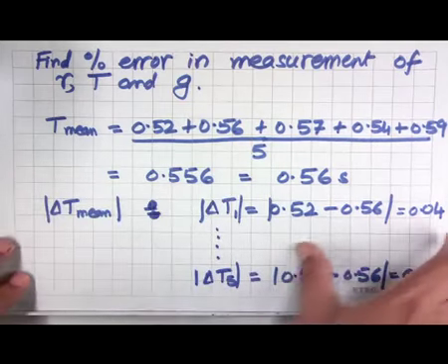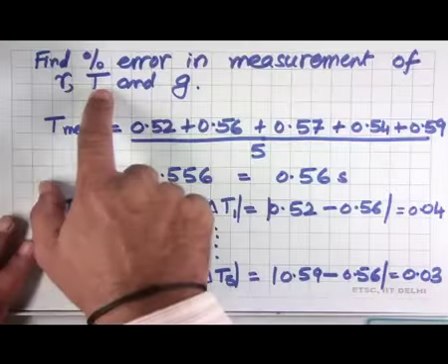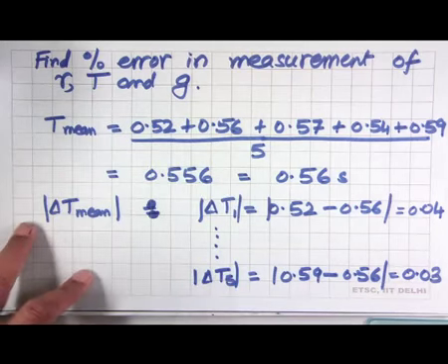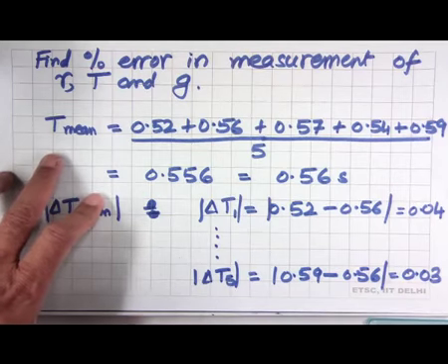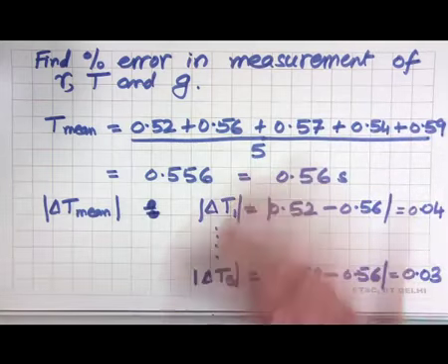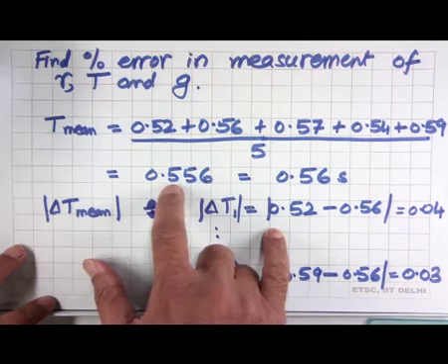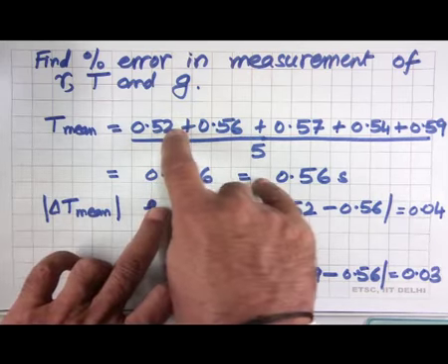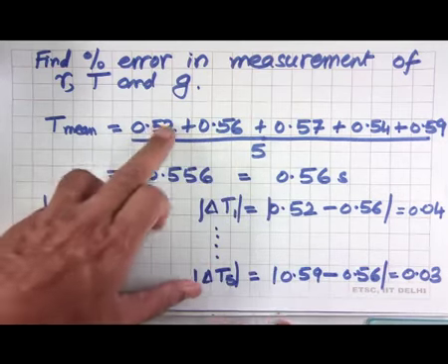So, what we do is, we look at the first, the value of t, which is given to us as repeated experiments. So, we calculate the mean value of the time period, and we add up all the 5 given data, divide that by 5. So, we get the t mean as 0.556 seconds. But we realize the original data is given to us correct up to 0.01 seconds.